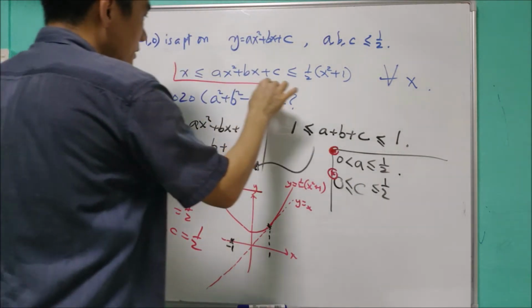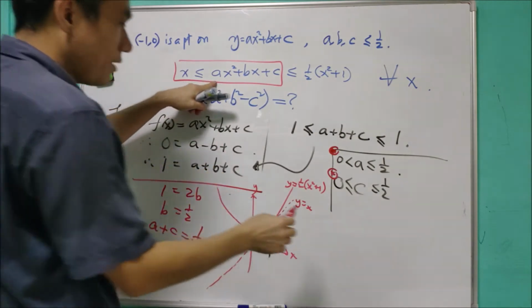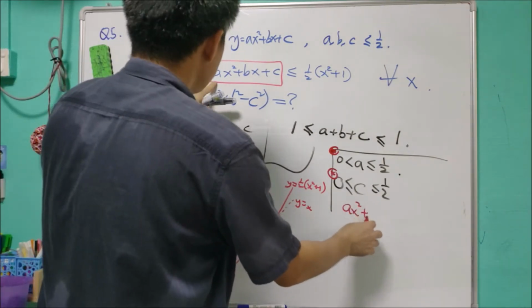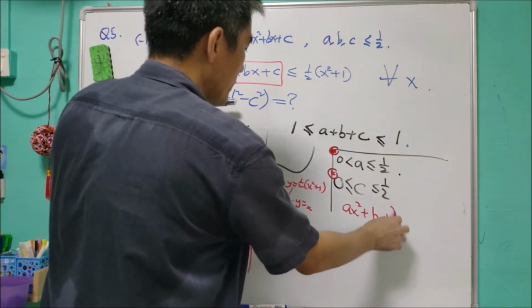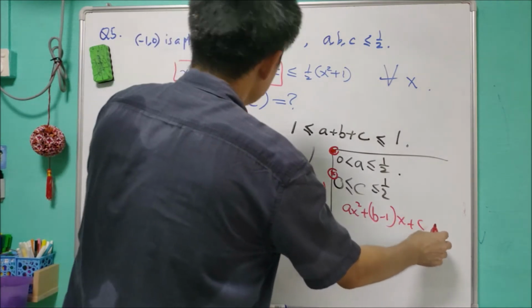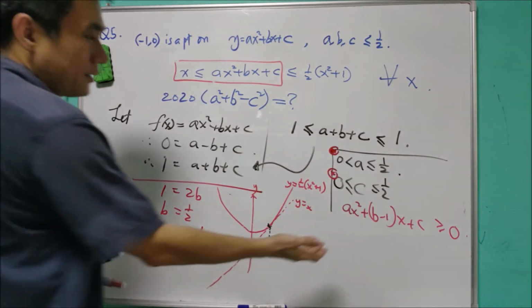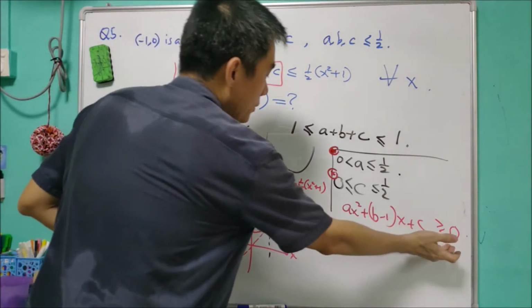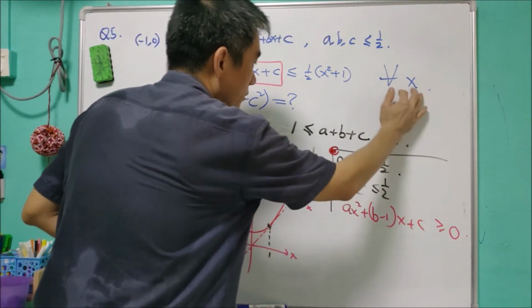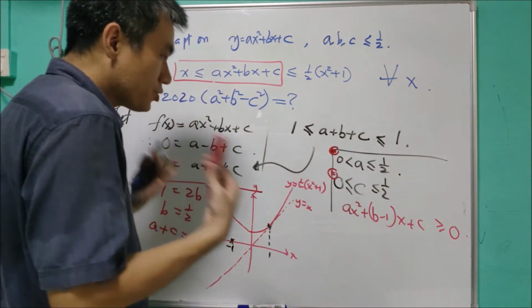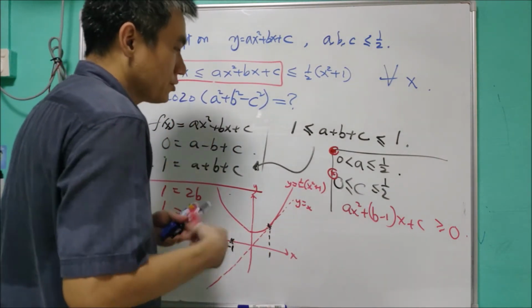Based on this condition here, we will have ax squared plus (b minus 1)x plus c is greater than or equal to 0. This is another quadratic that is always greater than or equal to 0 for all x. It means that the discriminant has to be less than or equal to 0.